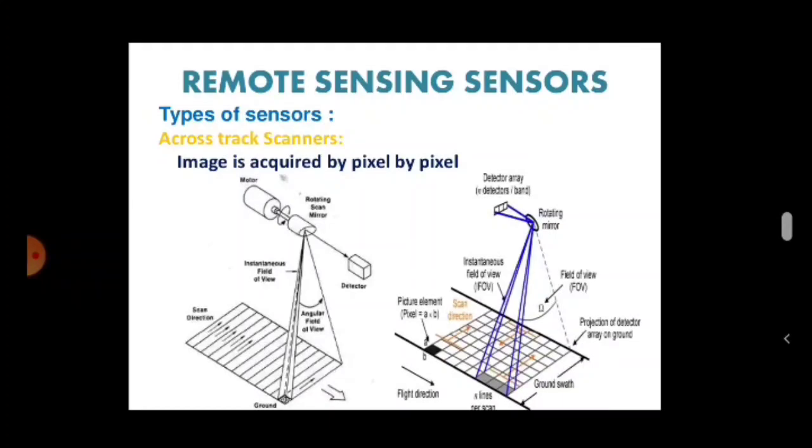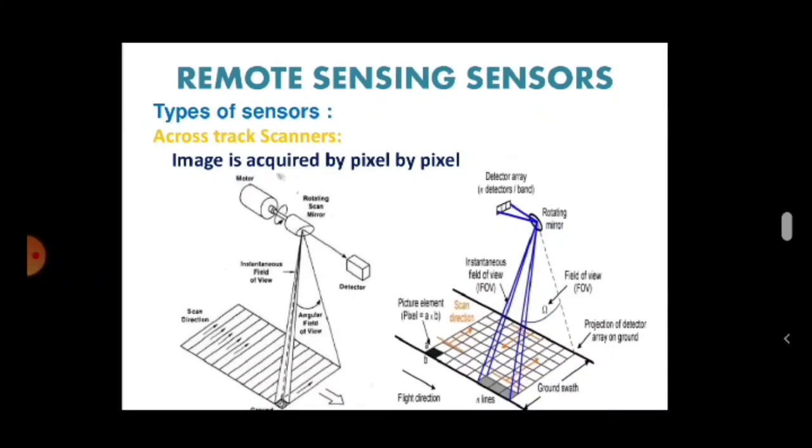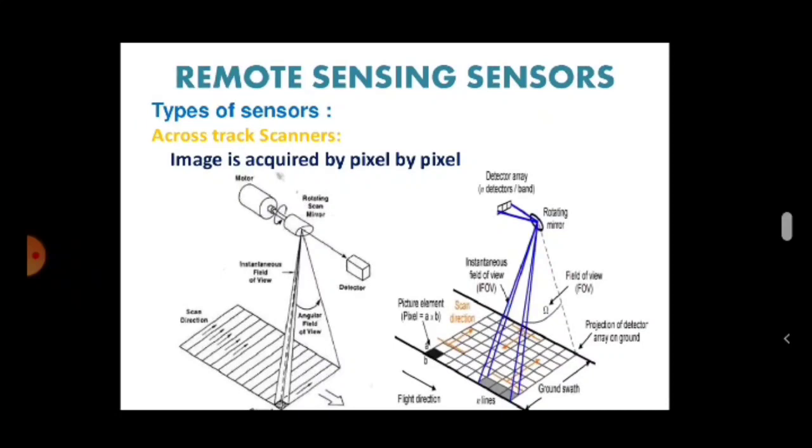Multiple discrete detectors respond over the swath, and push broom linear array detector response is along the track direction.